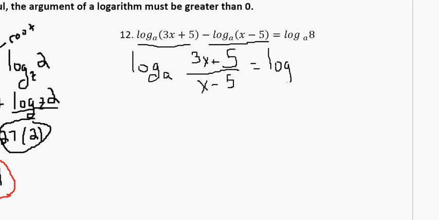And I didn't mention it on the previous problem, which I said I was going to do. Because I get to drop the logarithm from both sides, it doesn't matter whether I have log base a or log base 10 or log base 40. As long as the bases are the same, they essentially are not needed in the calculations of the answer.